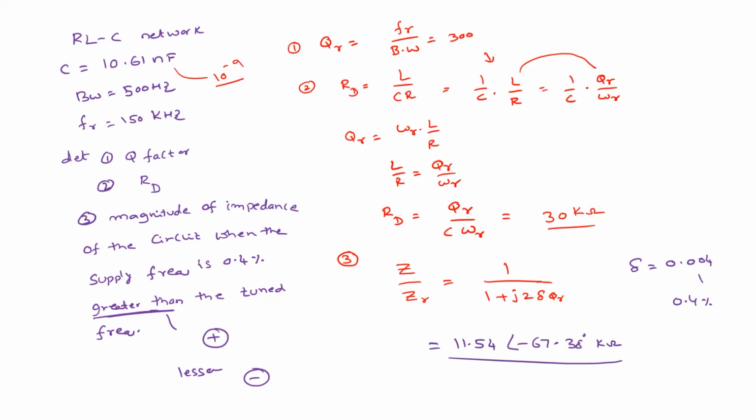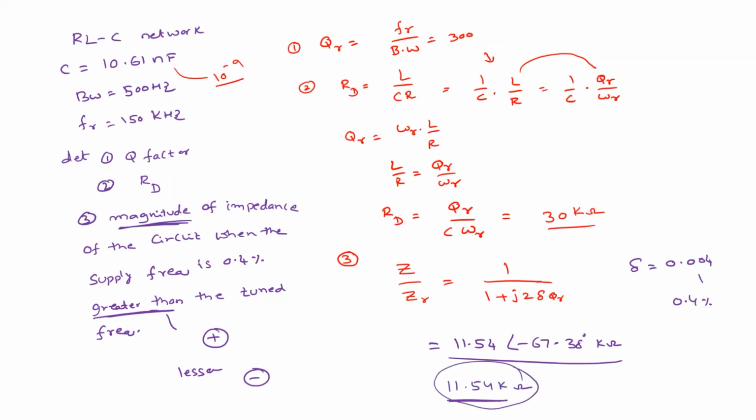So it is 11.54 kilo ohm. Sir, in the answer we are considering only the magnitude value, right? Yeah, if it is given the magnitude of the impedance, it is supposed to be.